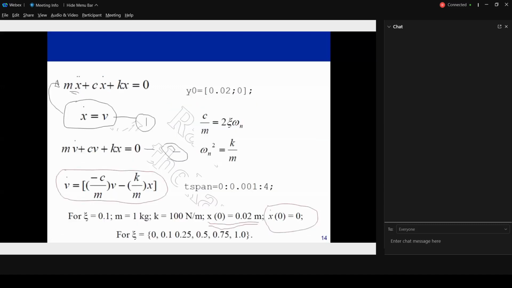Any questions on these conversions? It's very important, you should understand this conversion. Don't hesitate. If you have any doubt, please let me know.